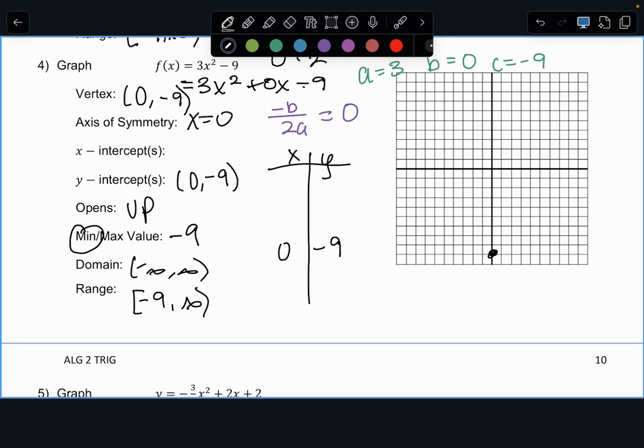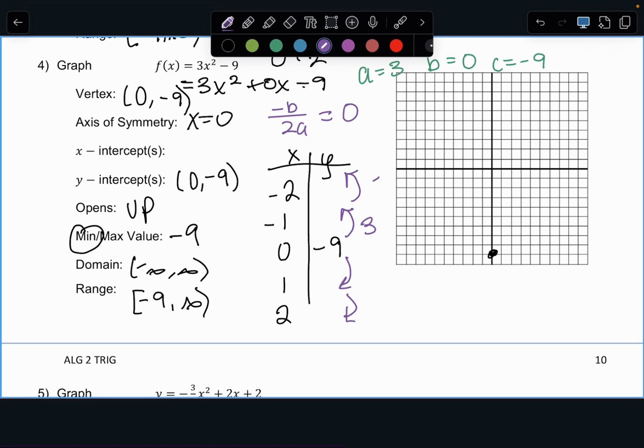Now I have to do my 1, 3, 5, 7. I'm counting always by ones on my x column. So -1, -2, and 1, 2. Instead of counting by 1, 3, 5, 7, what am I really counting by? 3.